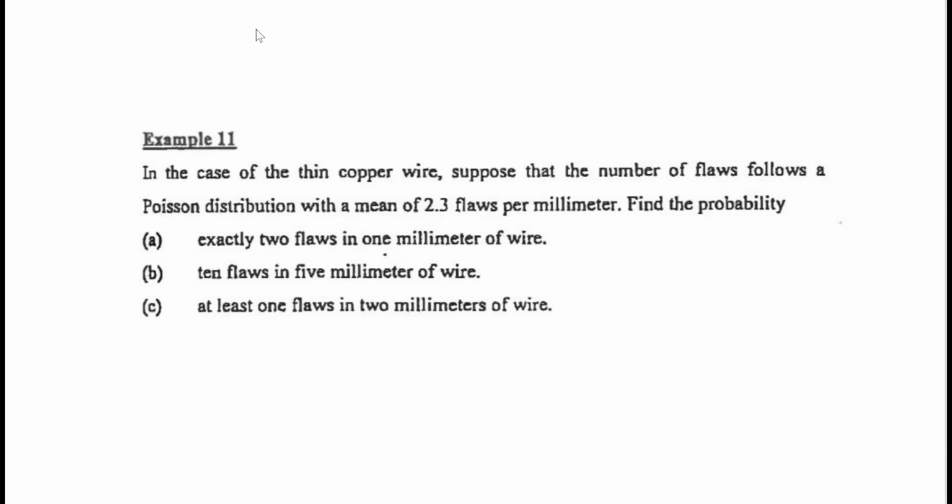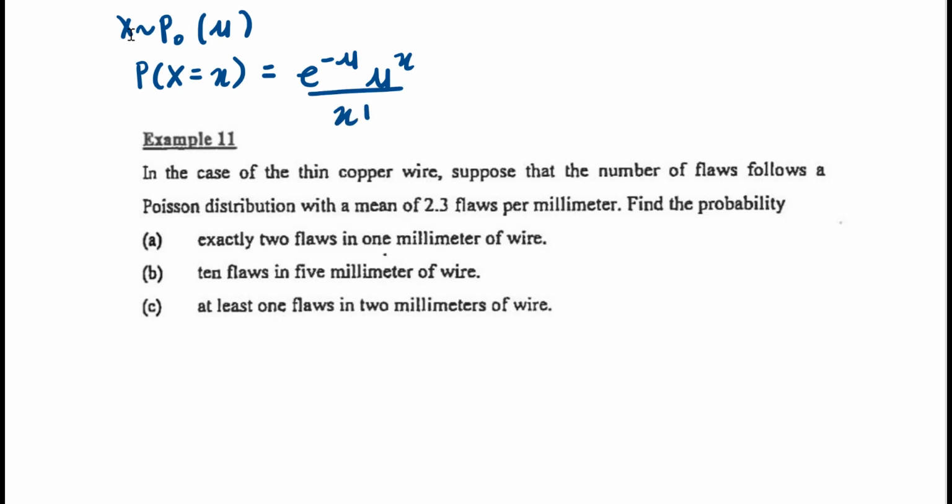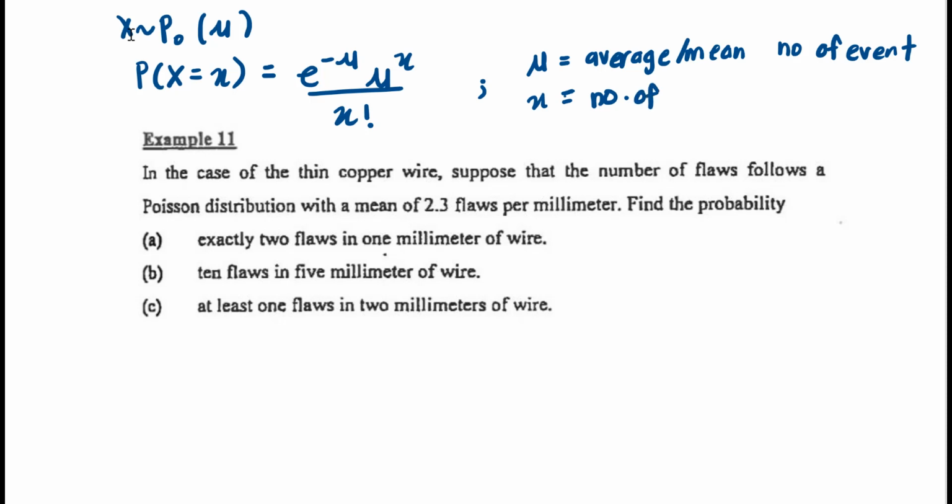Example 11. The Poisson distribution and the formula of the Poisson distribution, in which mu is the average or the mean of the number of events, and x is the number of successes.